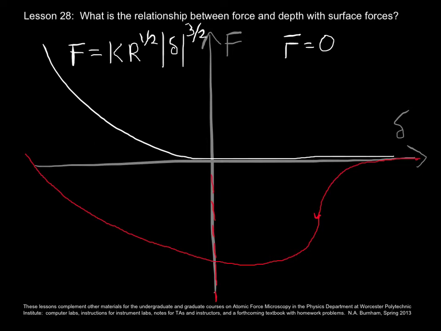Let's make sketches of what's happening at various points. Here would be where tip and sample first make contact. The sample's bulging out, like this. Here, this would be where the tip has indented such that it has come back to the nominal surface position.